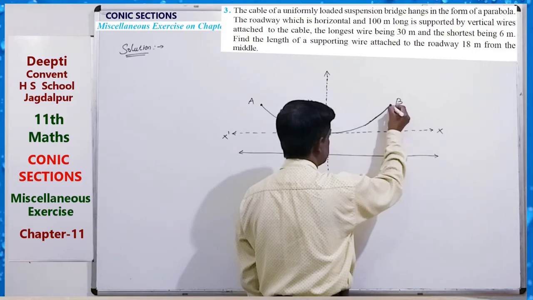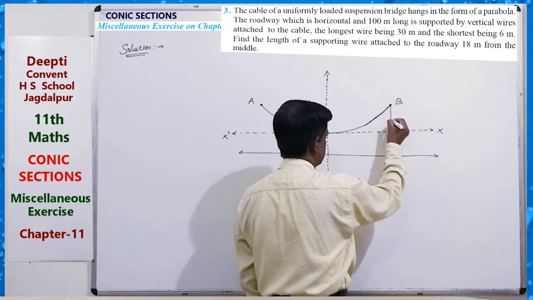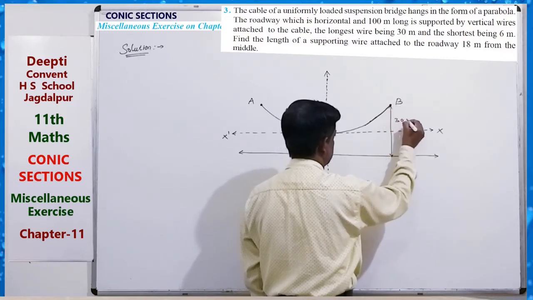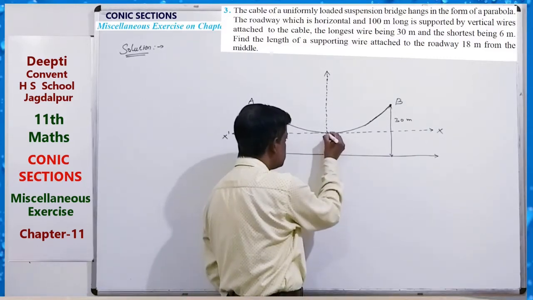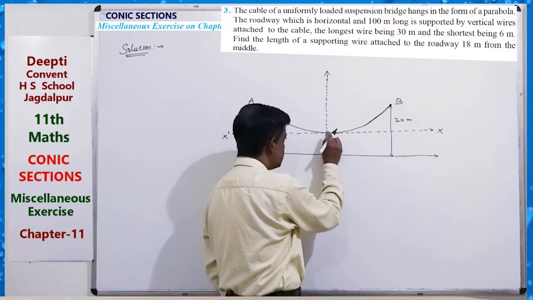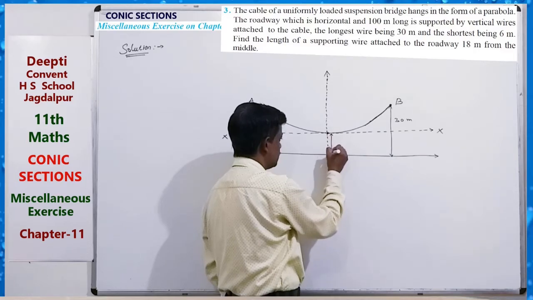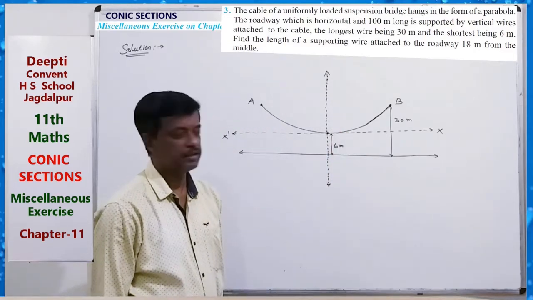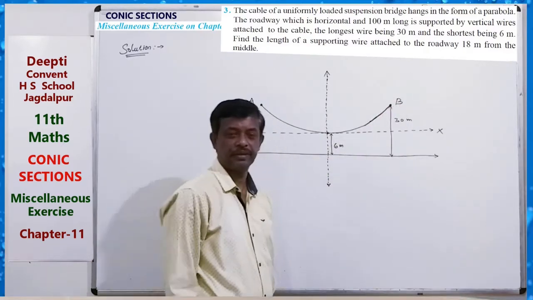The maximum supporting wire length is this, 30 meters. And the minimum supporting wire is this, 6 meters. This is minimum, this is maximum, this is ground level.